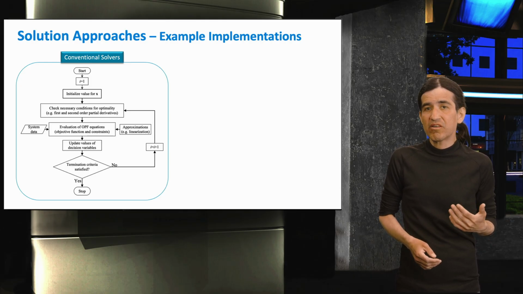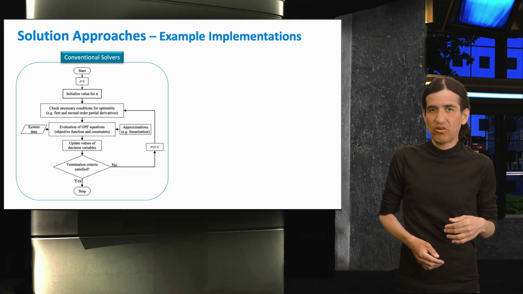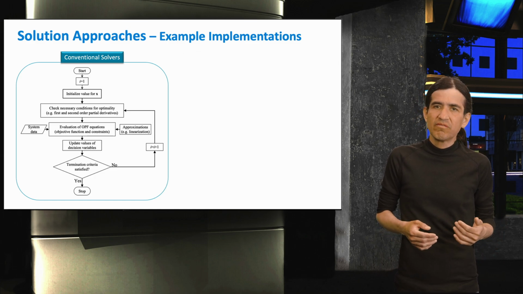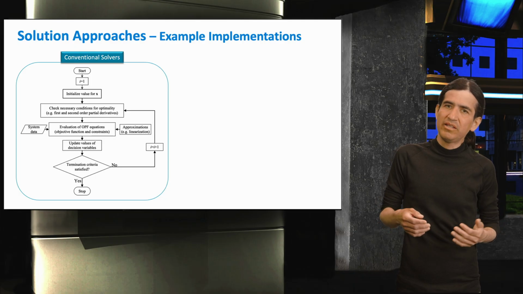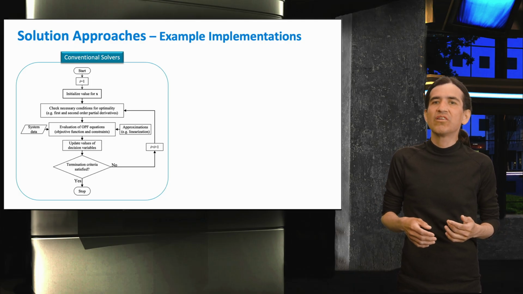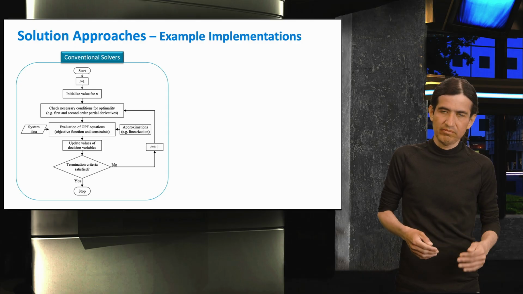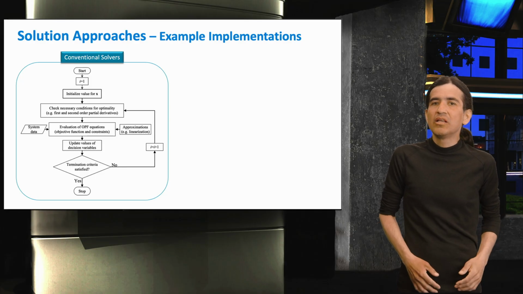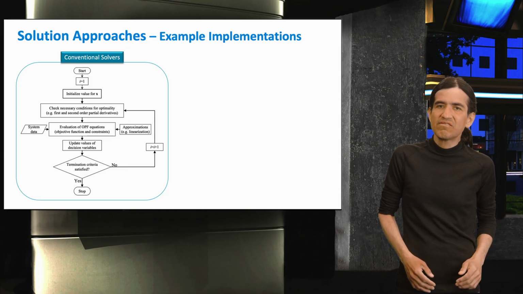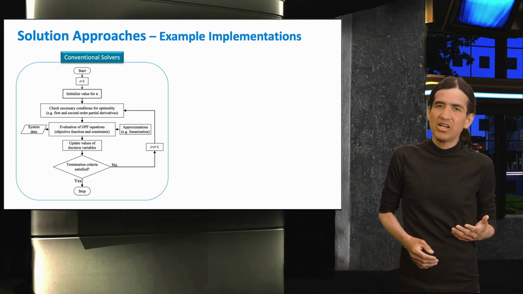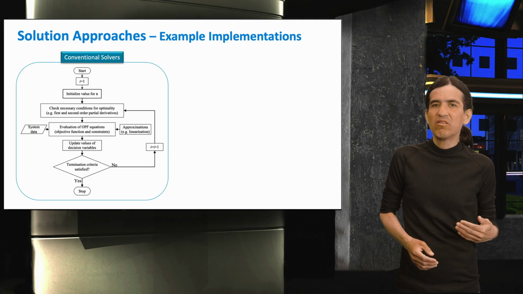Example routines are barrier functions, like for interior point method, or active set strategies, like for sequential quadratic programming. The process repeats progressively, improving feasibility and optimality until convergence criteria are met, for instance, small constraint violations and negligible objective function improvement. Overall, the method systematically navigates the feasible region using mathematical approximations to efficiently reach a locally optimal power flow solution.